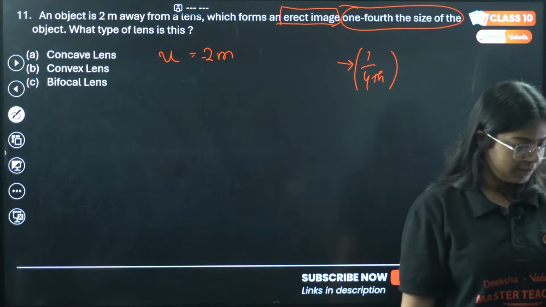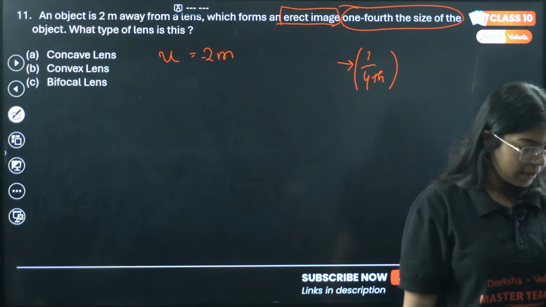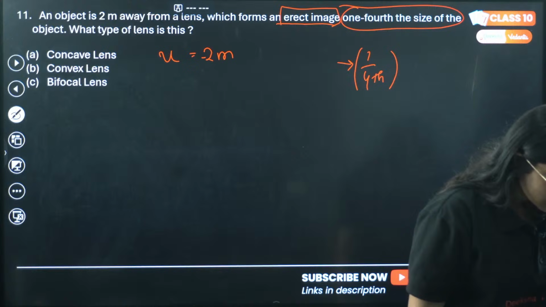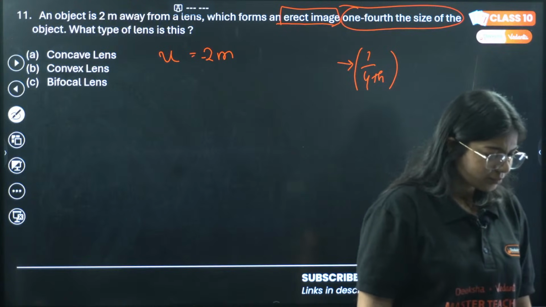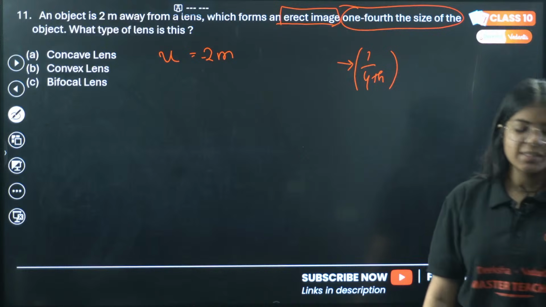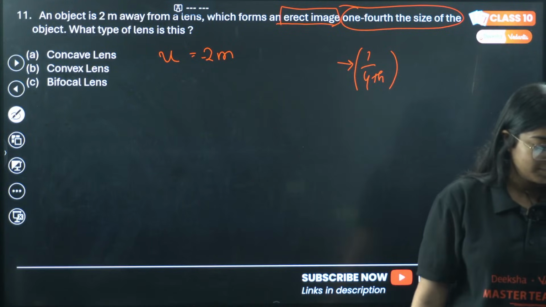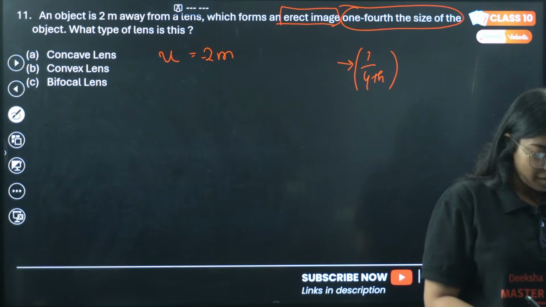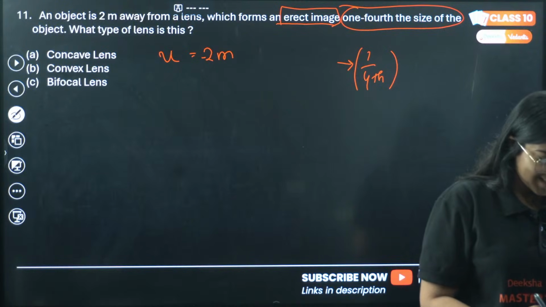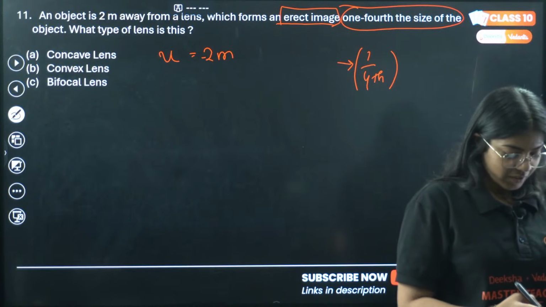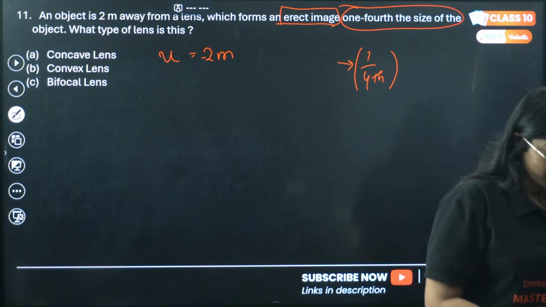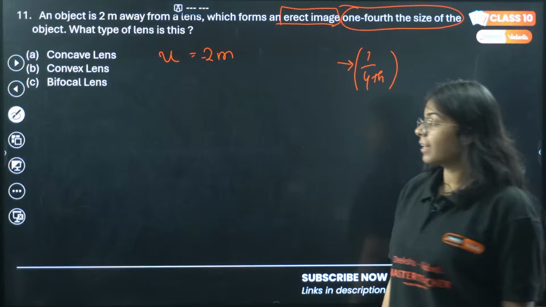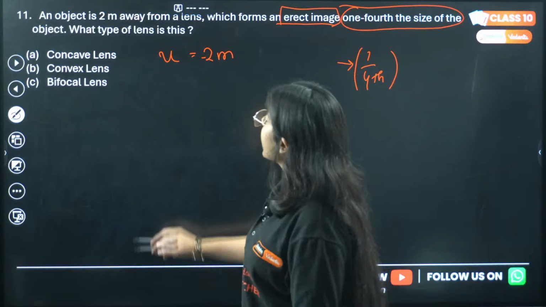Radhe is saying A. Piyush is saying concave lens. Shubhangi is saying A. Okay, everyone is saying concave lens.